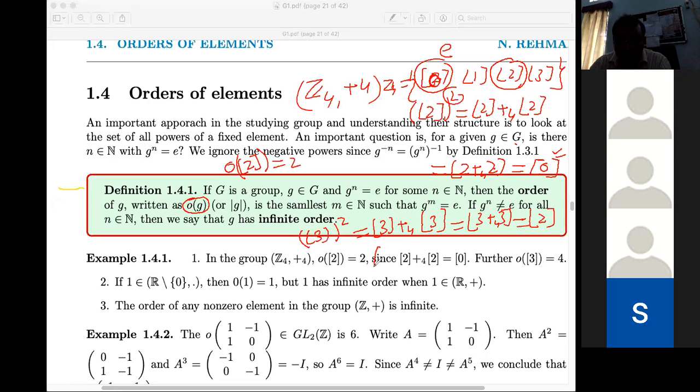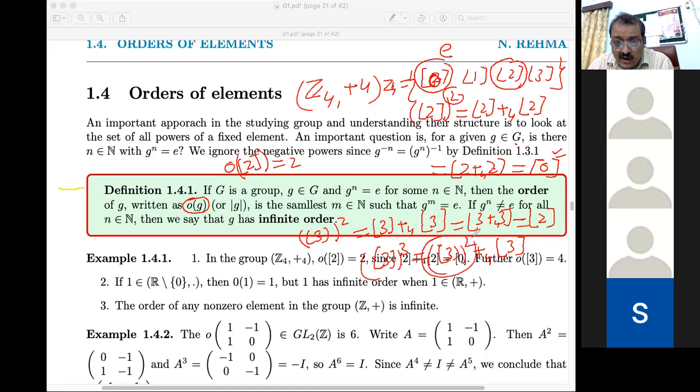Now we move to 3 to the power 3, which can be written as 3 square addition modulo 4, again 3. We know 3 square is equal to 2, so 2 addition modulo 4 3. 3 plus 2 is 5, divided by 4, remainder 1. So this is again not the identity element.